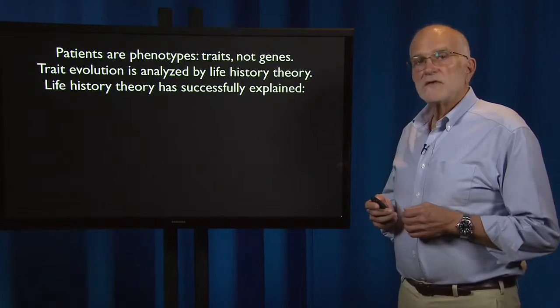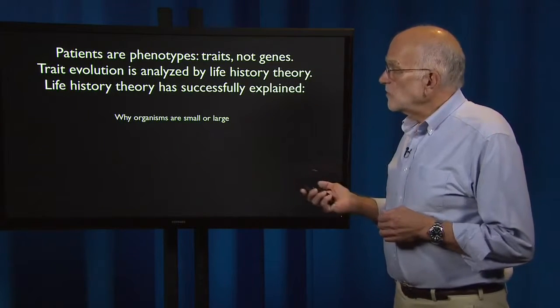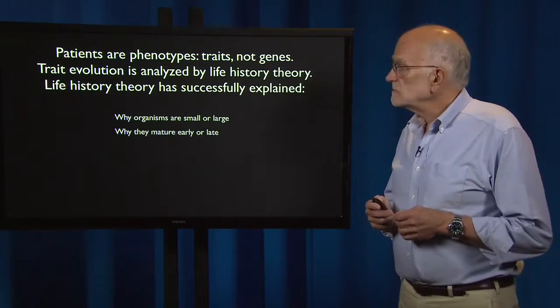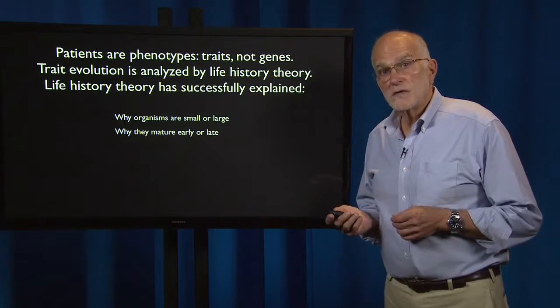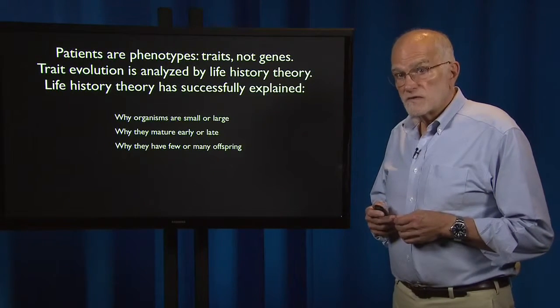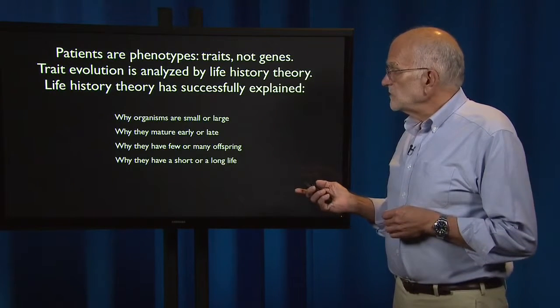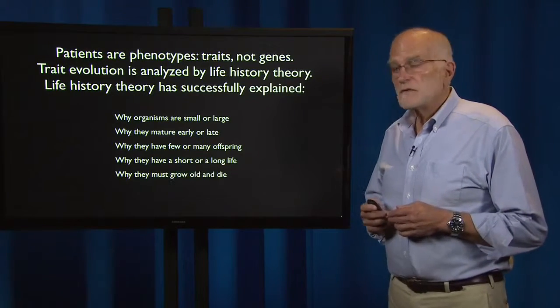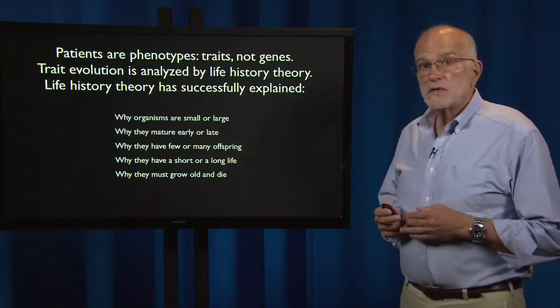Life history theory has successfully explained why organisms are small or large, why they mature early or late, why they have few or many offspring, why they have a short or a long life, and why they must grow old and die.